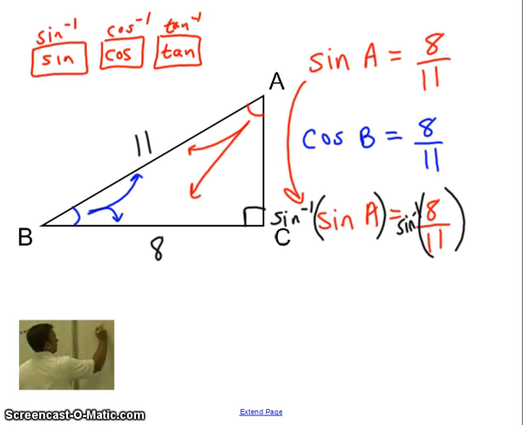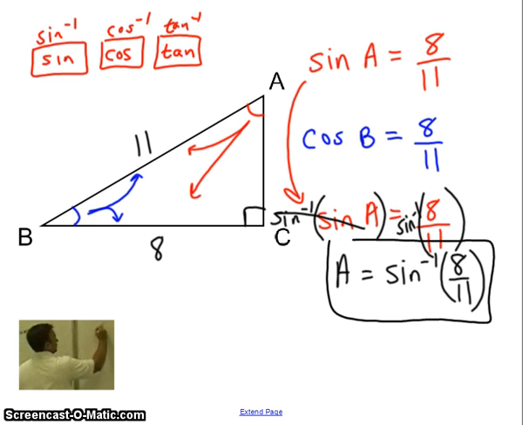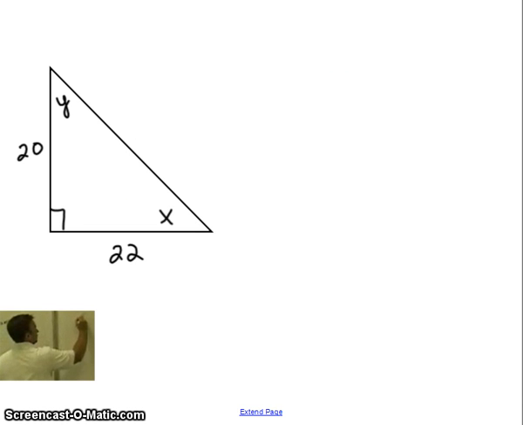When we do that, these will cancel out. I'm left with A equals sine inverse 8 over 11. And that's it. That's how you solve for A.